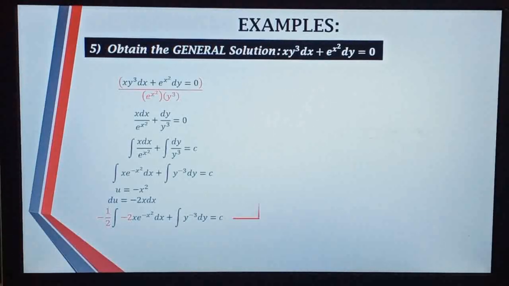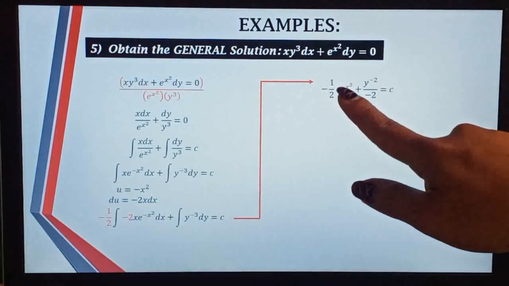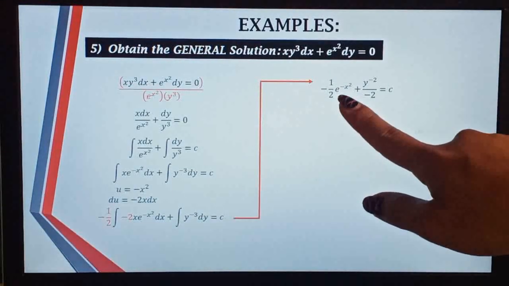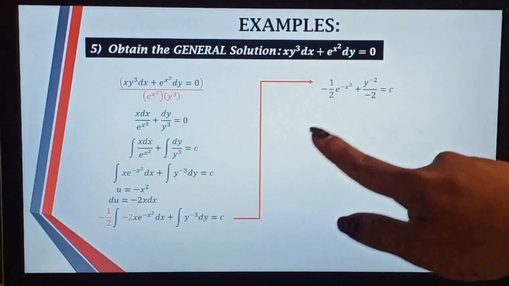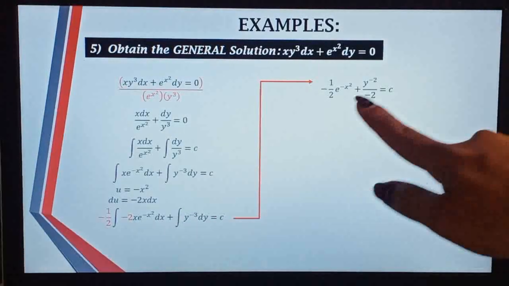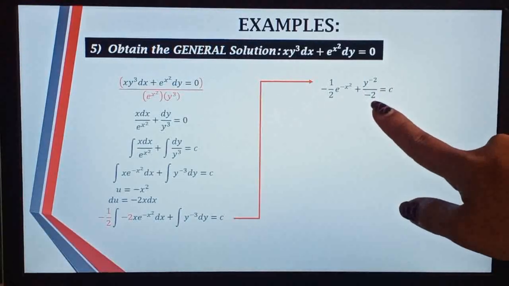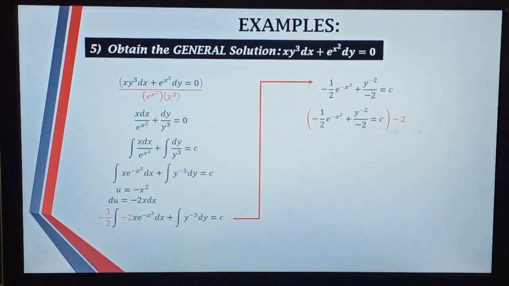So our equation now is negative 1/2, then e raised to u, which is e raised to negative x squared, plus this is power formula, so u raised to n plus 1 over n plus 1. So negative 3 plus 1 is negative 2, all over negative 2, then equated to c. Then, multiply natin ngayon yung whole equation by negative 2 para ma-simplify.